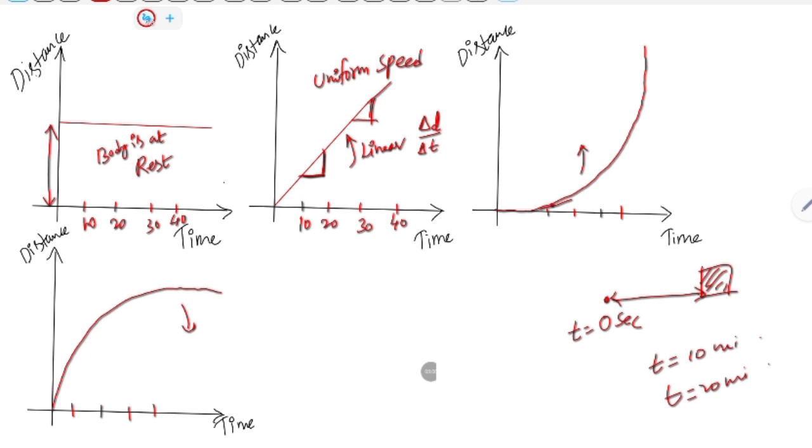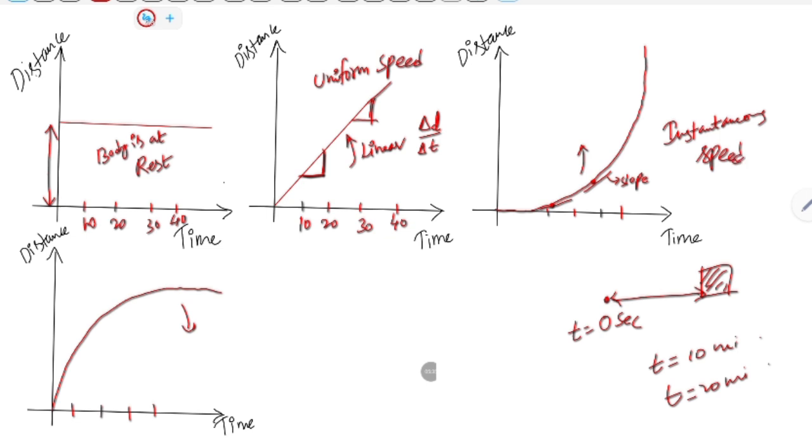You need to draw a tangent at any point on the curve, and finding the slope of that tangent gives us the slope of the curve. So for example, if I draw a tangent at this point and find the slope of this tangent, I can get the change in distance with respect to time at this point. So specifically, we can obtain instantaneous speed from this situation.